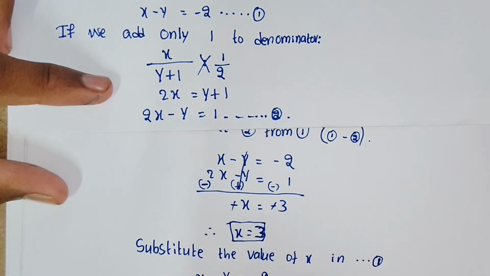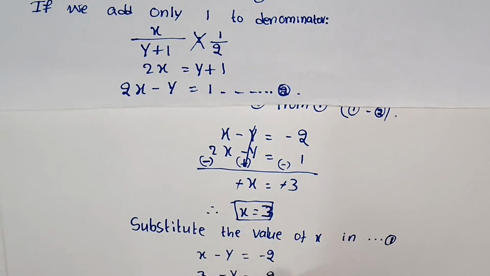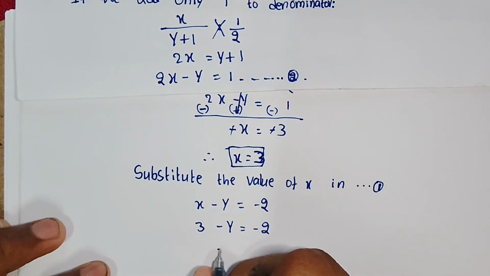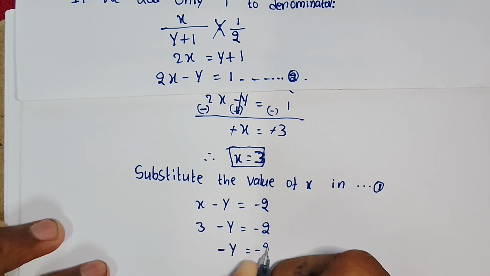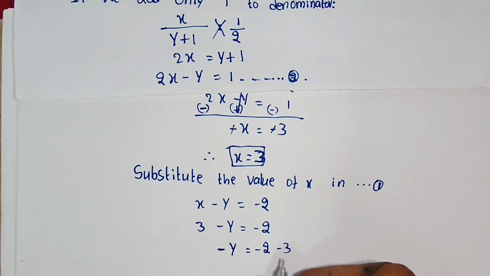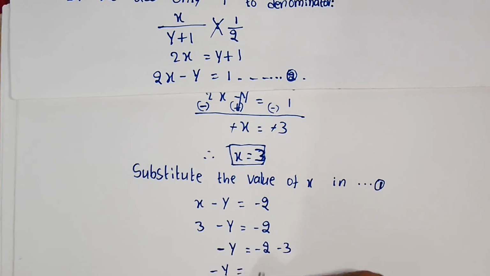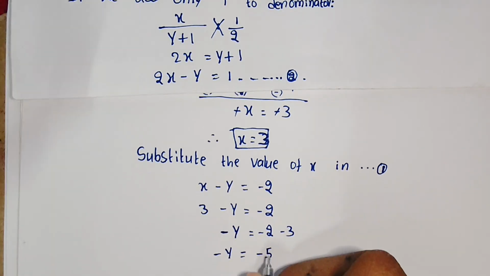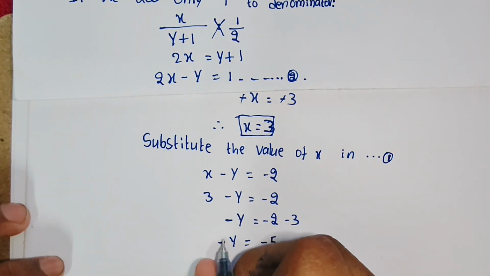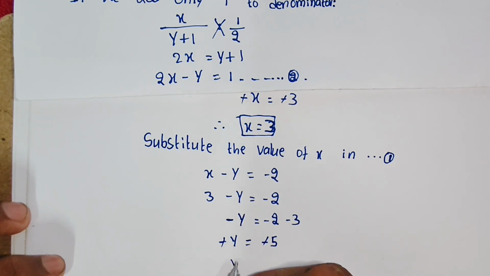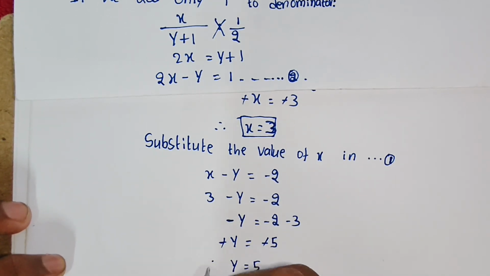The value of x is 3. So 3 minus y is equals to minus 2. Minus y equals to minus 2 minus 3, minus 5. Here same symbols get cancelled, then y is equals to 5. Therefore y equals to 5.